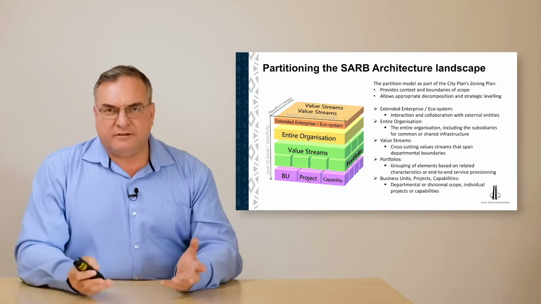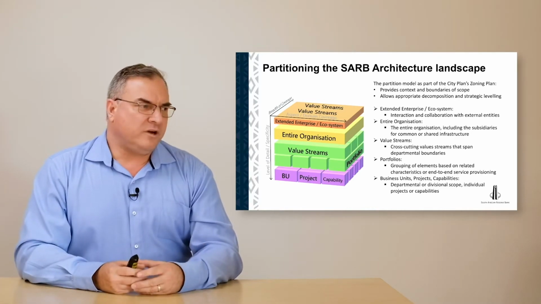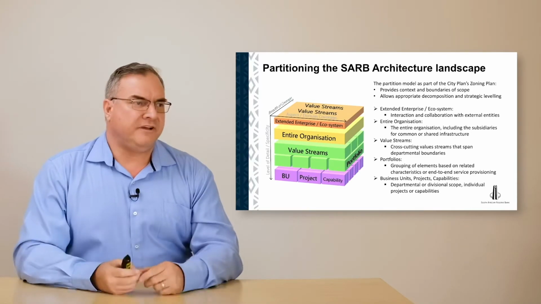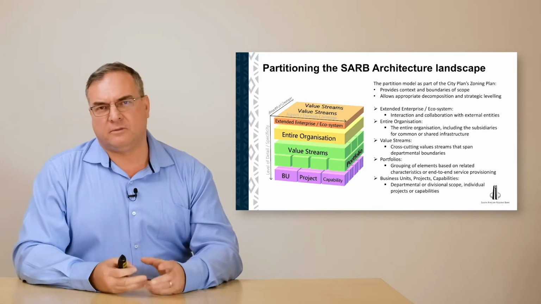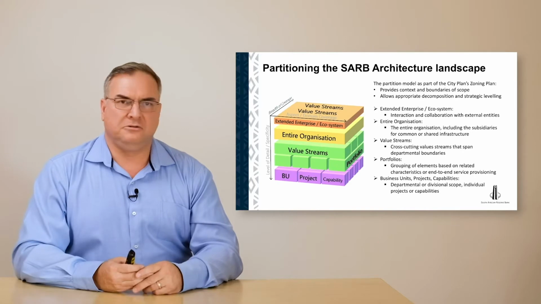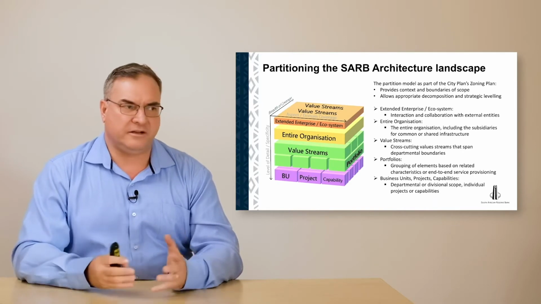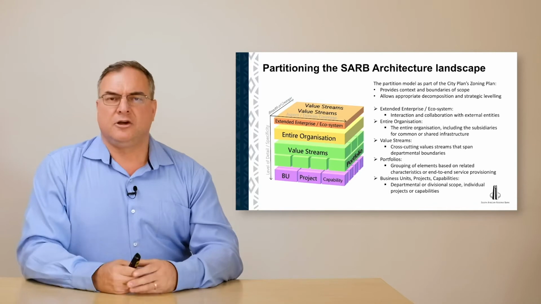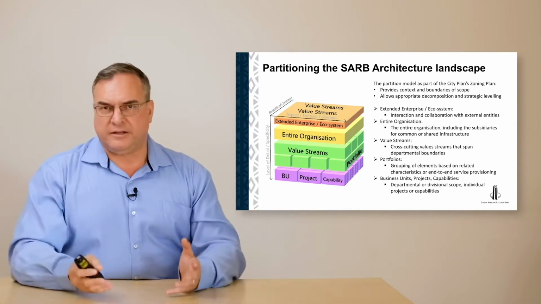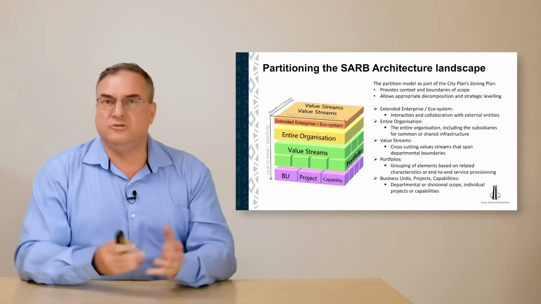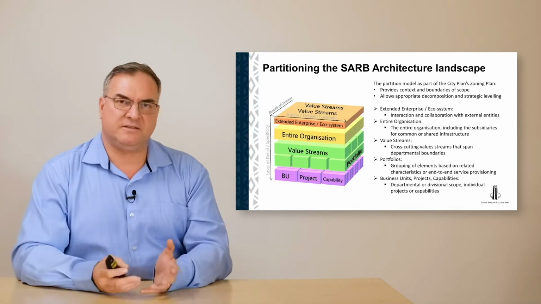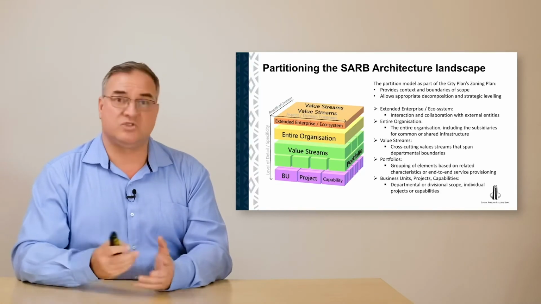The segment level of the typical TOGAF framework partition model: value streams, the cross-cutting value streams that span departmental boundaries, or portfolios, groupings of elements related to things that have common characteristics or end-to-end service provisioning, core infrastructure around potentially, let's say, business intelligence and analytics across the enterprise, utilized in different ways in different business areas, but following common patterns and products and technologies or skills.